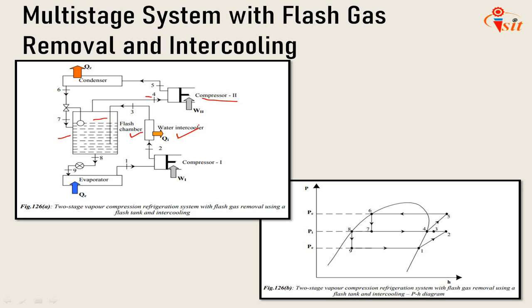Third advantage is the volumetric efficiency of the compressor will be high due to reduced pressure ratios. And the last advantage is the compressor discharge temperature is reduced considerably. So these are the advantages of this multi-stage system with flash gas removal and intercooling.